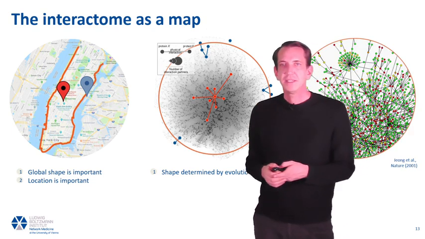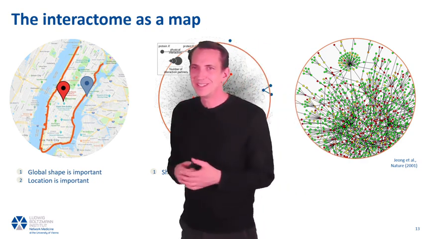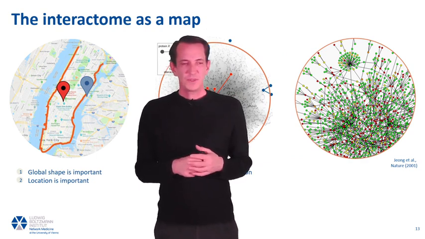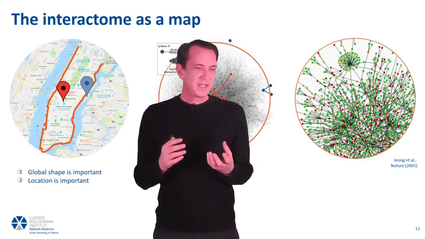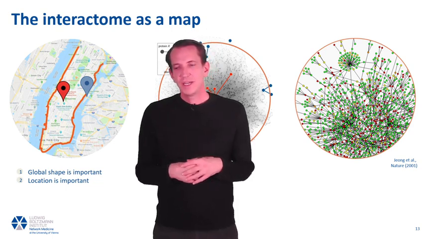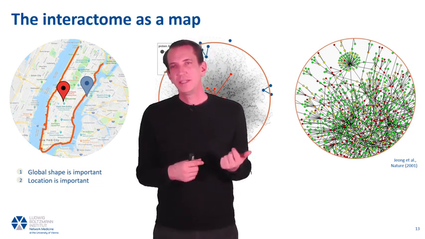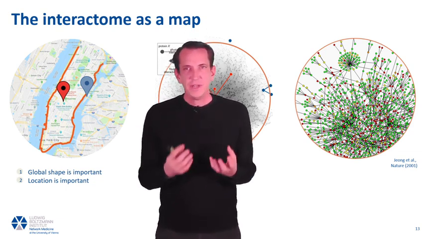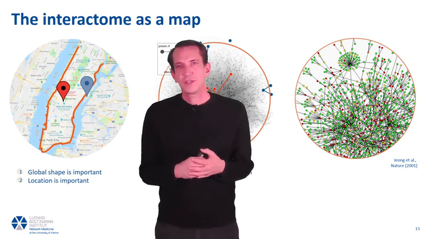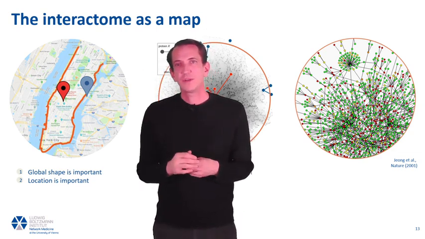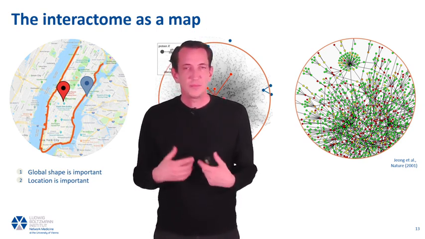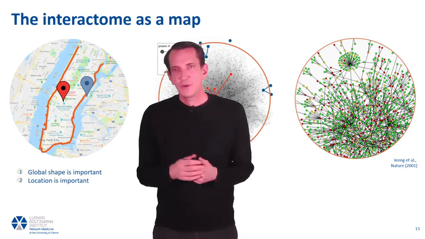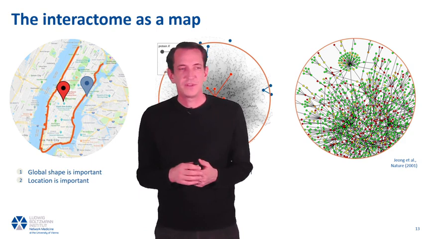And here is an almost historical example that was published almost 25 years ago, which was the first evidence that the connectivity of a protein is indicative of how important it is, in this case, in the model organism yeast, where those proteins that are highly connected tend to be those that are essential, whereas those that are at the periphery of these networks tend to be redundant, meaning that a complete loss of function mutation in these proteins would actually have little to no effect on the fitness of the organism.